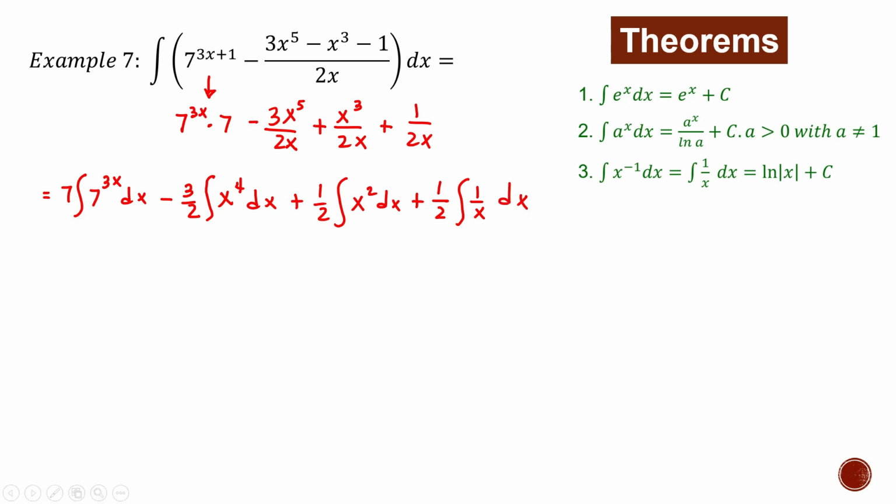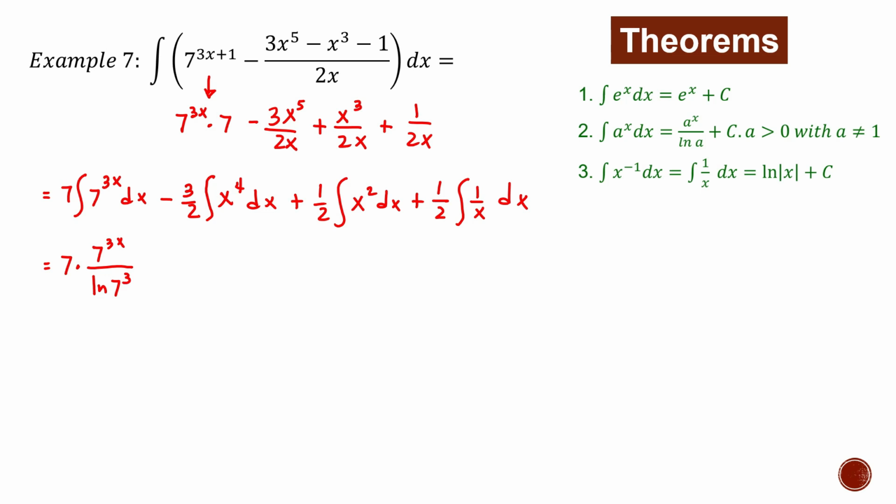Alright, so I know that's a lot of writing, but it's okay. Alright, so here the integral of this is 7 times 7 raised to 3x all over ln 7 raised to 3.